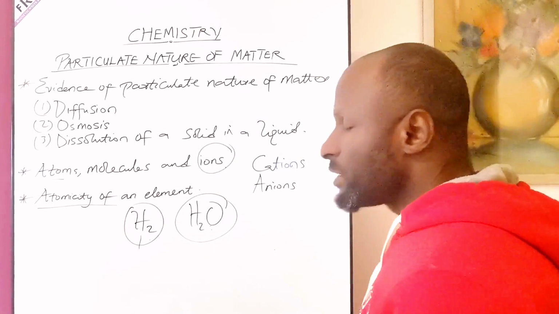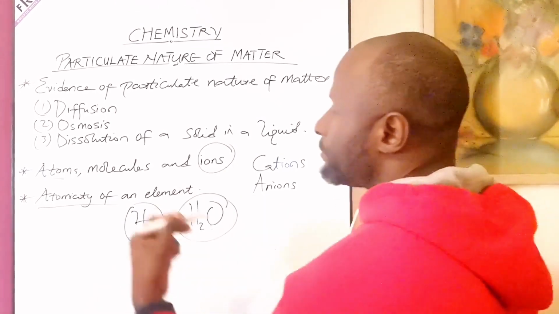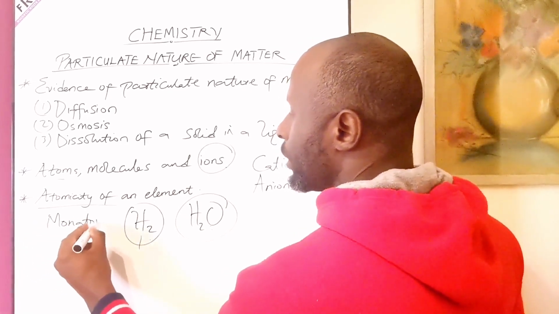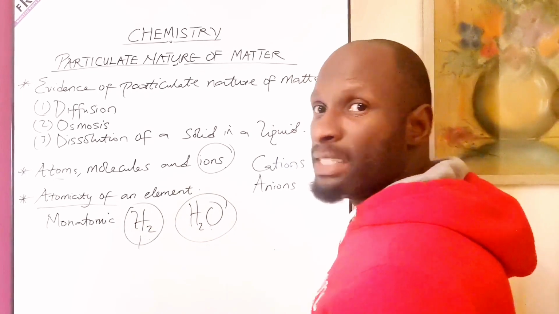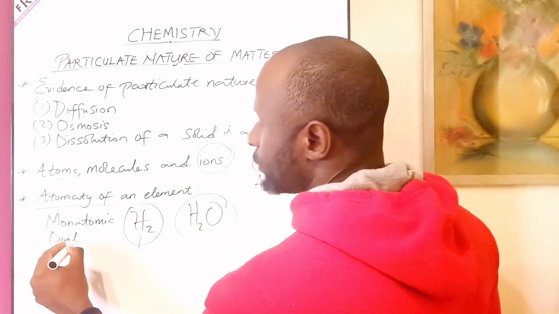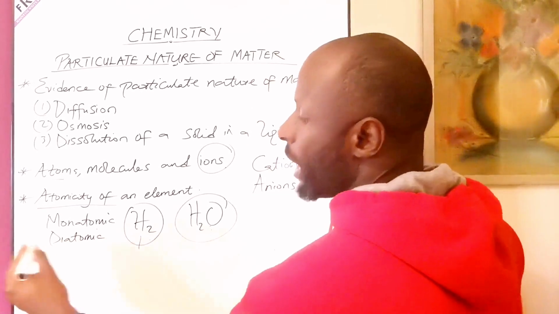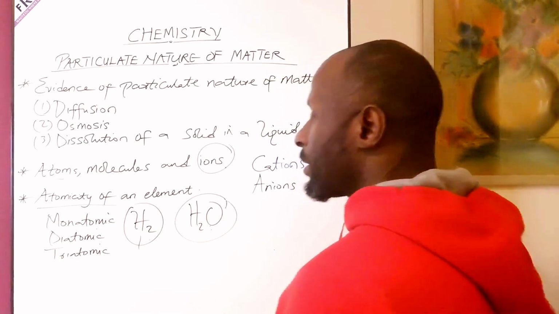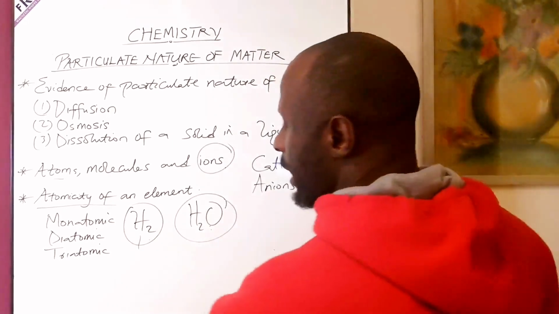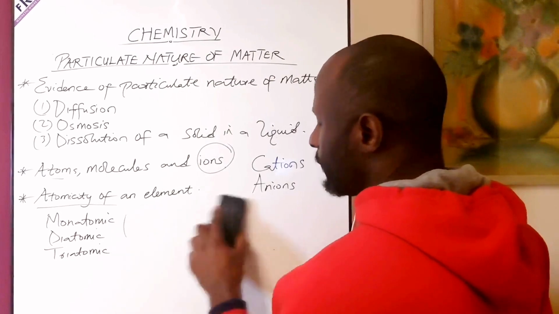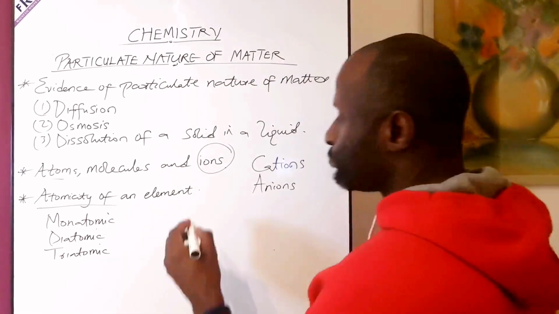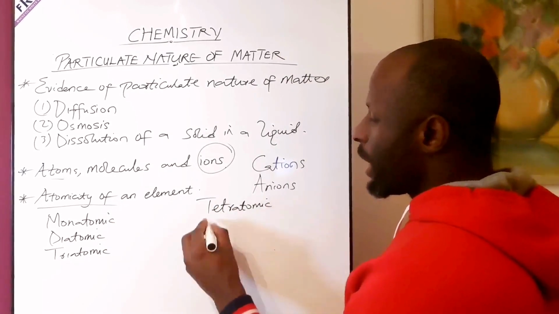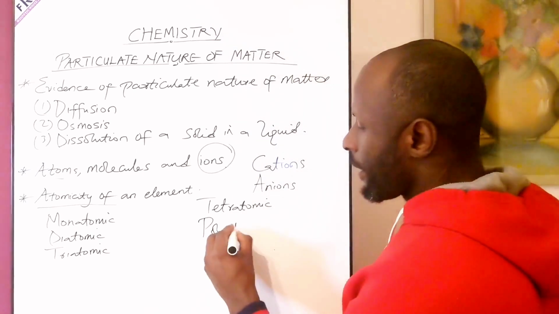So when we talk about atomicity, some elements are monatomic, some are diatomic, we have triatomic elements, and then we also have tetratomic, and we have polyatomic.